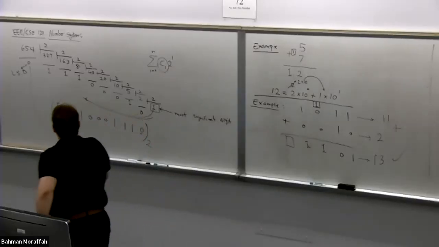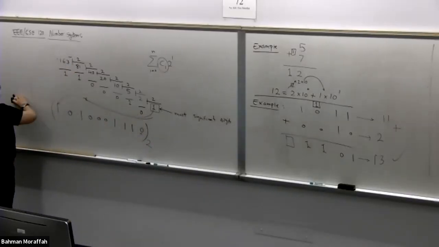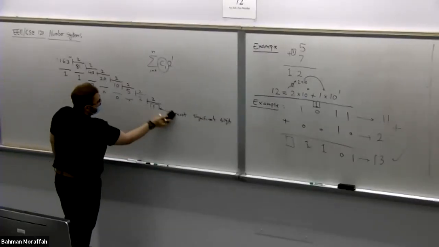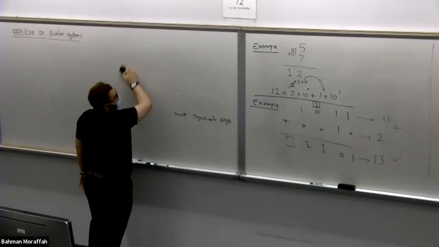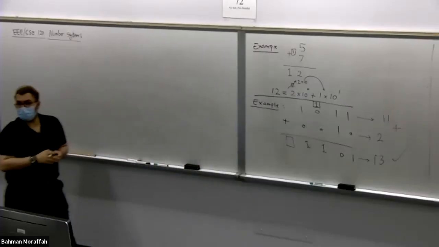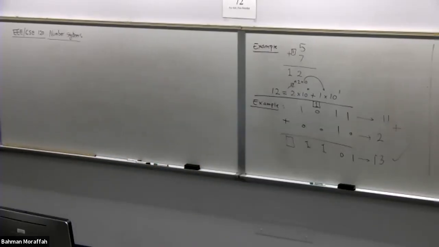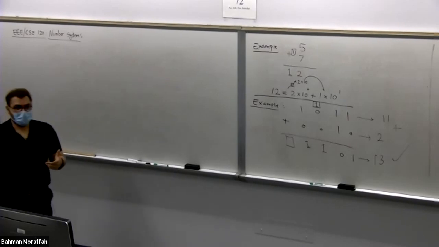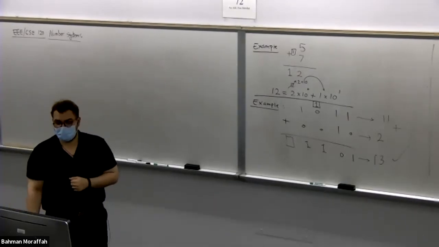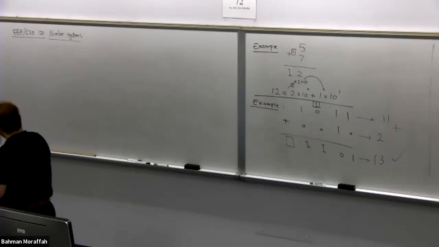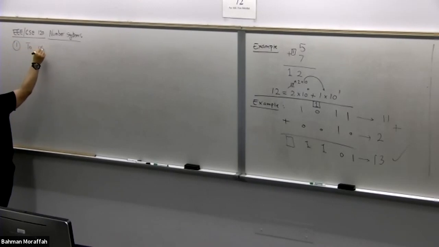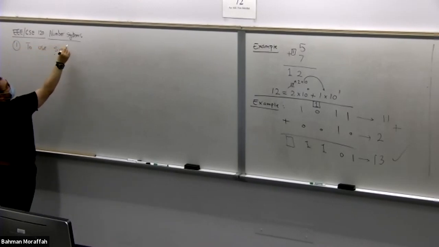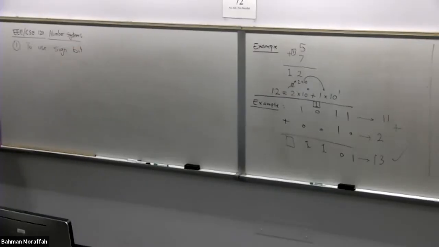Okay? The first way of representing all the numbers that we have is just by adding a new bit that basically tells us if the number is positive or negative. Okay? So the first way is to use sign. Right?